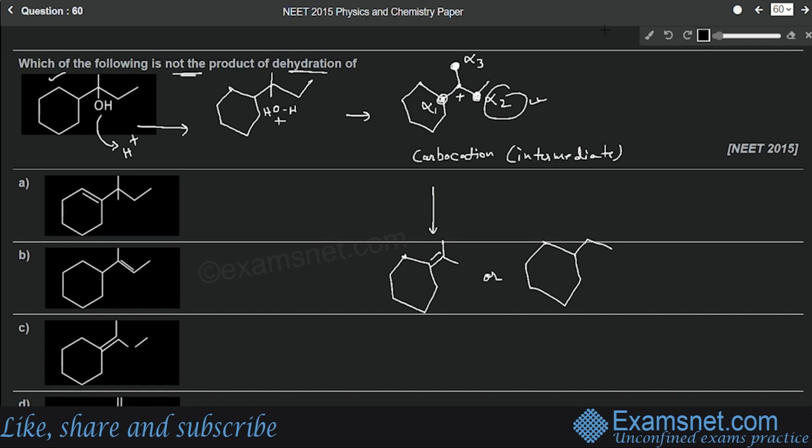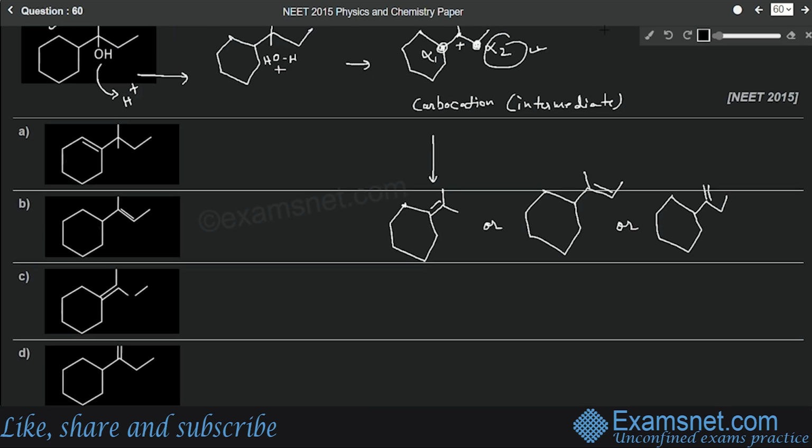So it will be at this position. So this is the second type of product that can be formed. Now the third type of product will be formed if alpha hydrogen number 3, that means this one, is removed. So let's see. This is the cyclic ring, and this time we will have a double bond here. So these are the three types of products that are possible here.